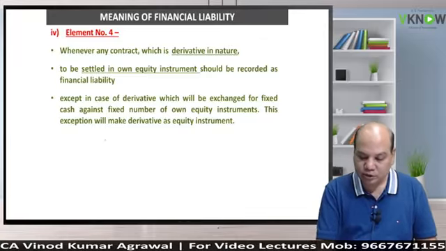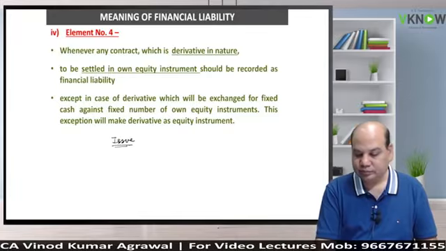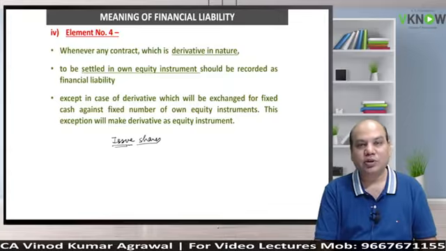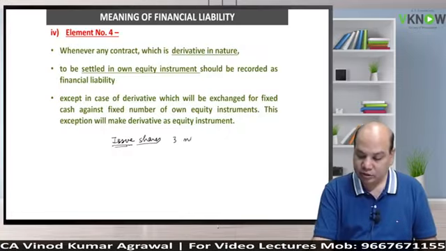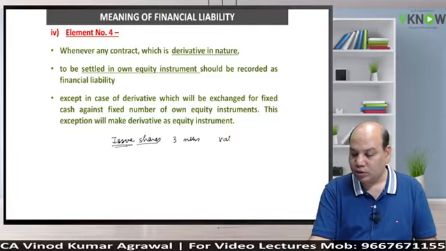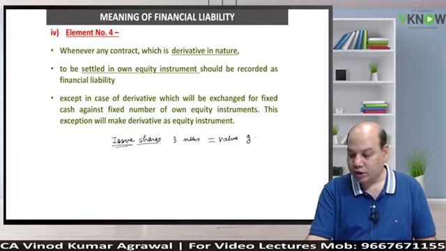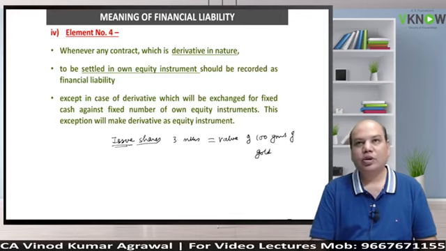Like for example, you may say, we will issue you the shares after 3 months. The contract is, we will issue you shares after 3 months equal to the value of 100 grams of gold.